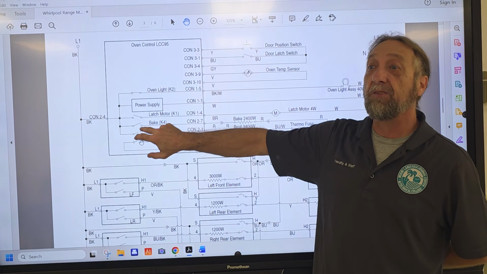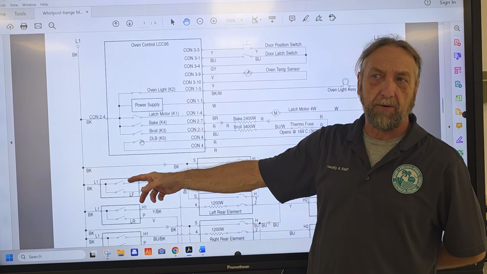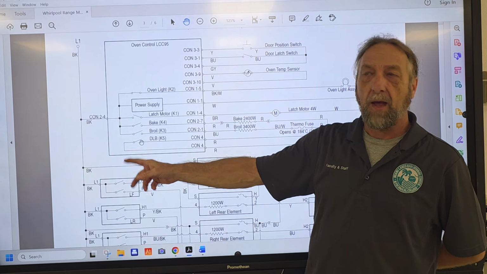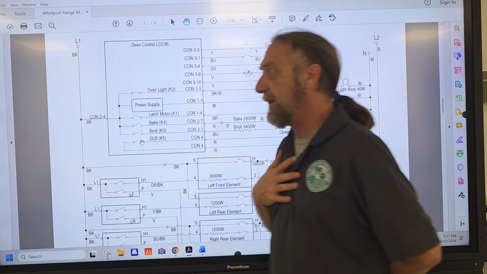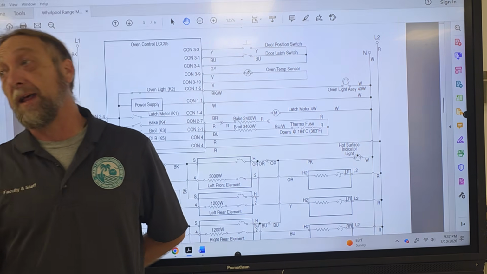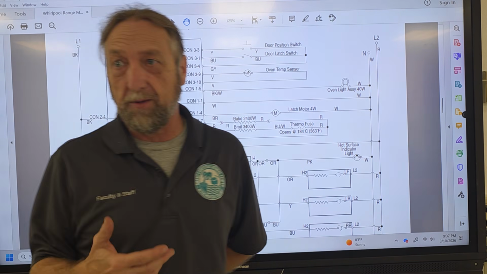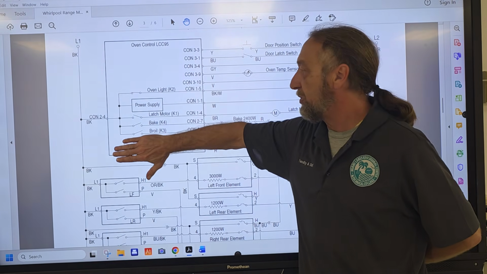Yeah, they have individual ones here. Why do they have individual ones here but a double one here? The double one is for safety, because remember, I go back to 1983 when I was learning appliances, and I was working for Sears. They didn't have control boards back then, but they came out after a couple of years. But what happened is, they didn't have this line 2 relay here.